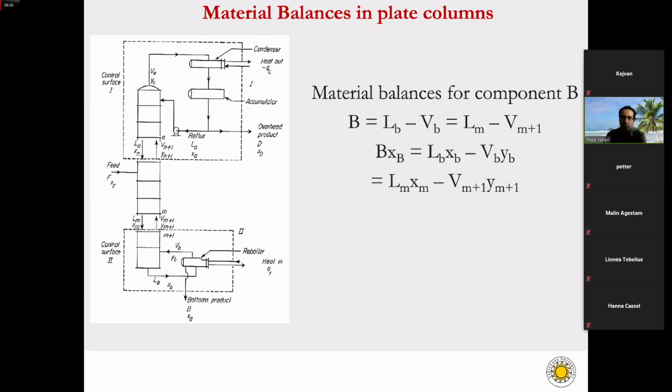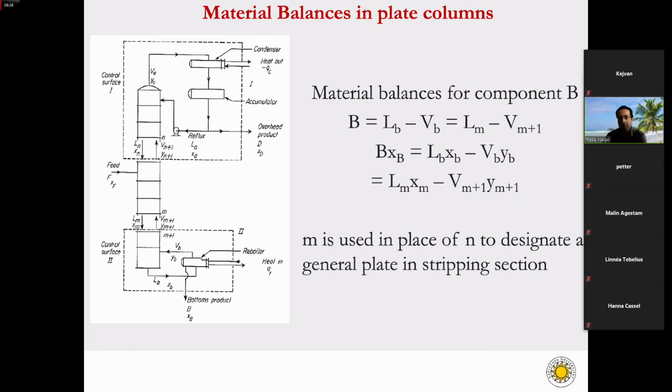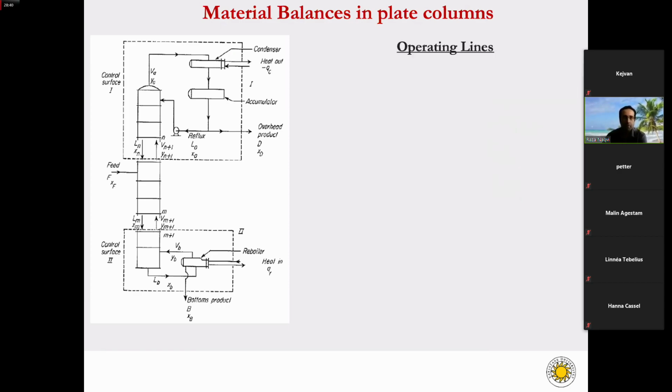So M is used instead of N to designate a plate in the stripping section. So you can perform a material balance for A or for component B.